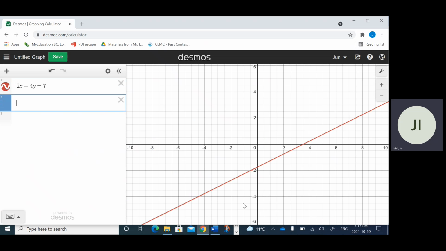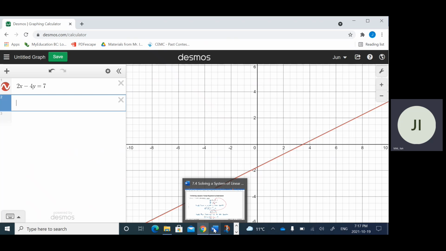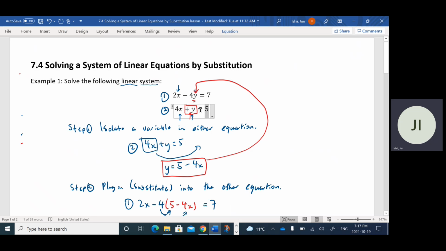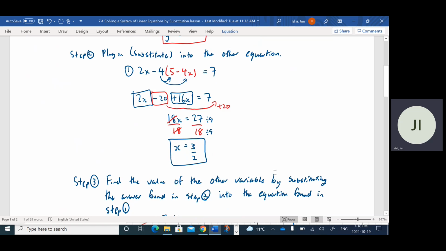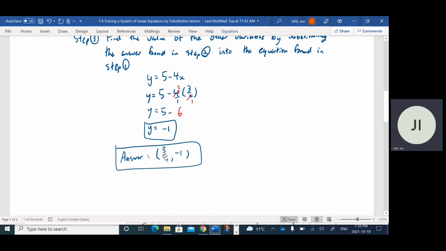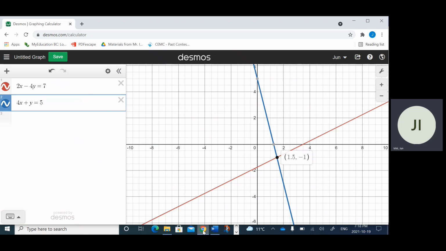So there's the line, the graph of the first line. Then I take the second one and plug that in here. All right, so here's my two lines. They intersect right here. 1.5, -1 is the point of intersection. And that's what I got here. 3/2 is the same as 1.5, so I got 1.5, -1. So again, it was just confirmed here with the graph.